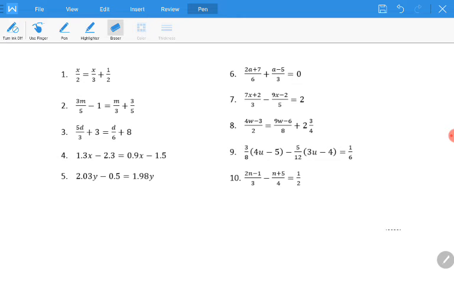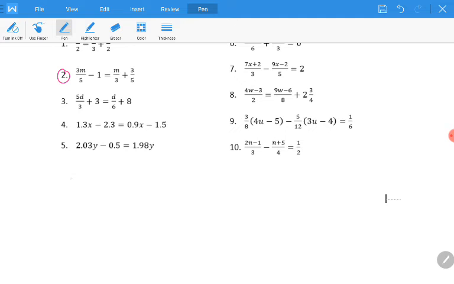Let's look at question number 2. Question number 2 is saying 3m over 5 minus 1 is equals to m over 3 plus 3 over 5.